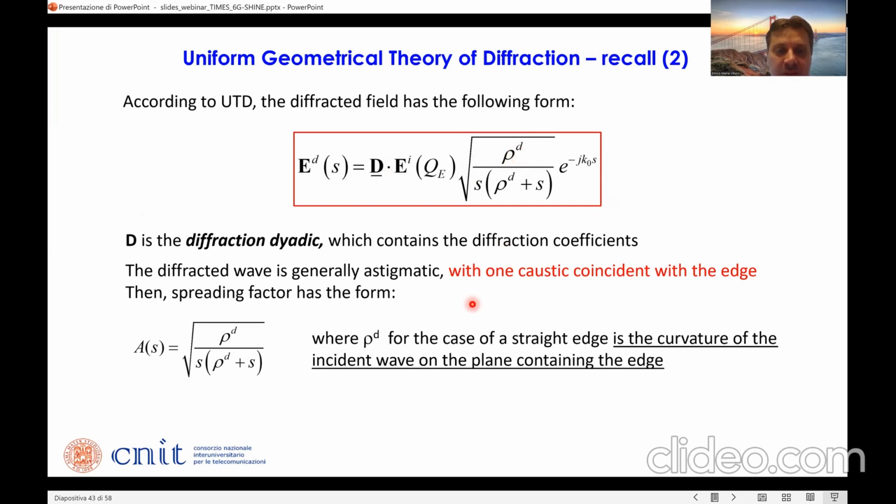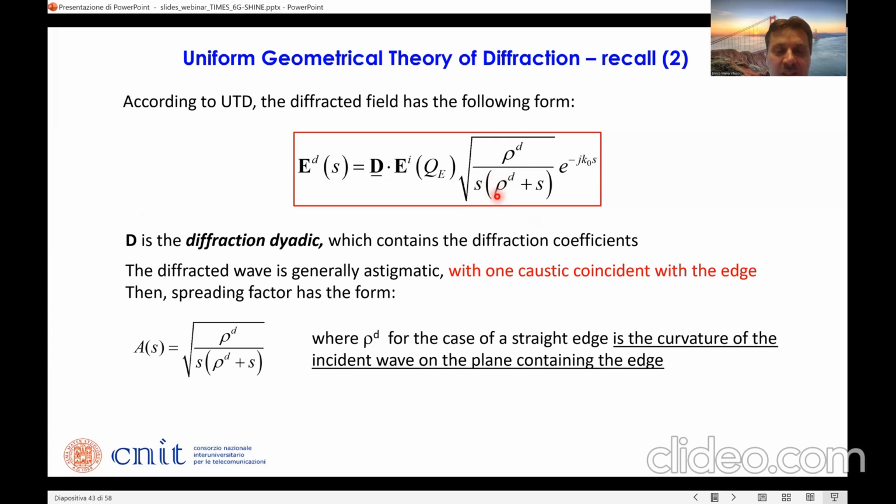This happens because, according to the GTD, the diffracted wave is astigmatic, but one caustic is coincident with the edge. This means that we have one curvature, while the other one is equal to 0.